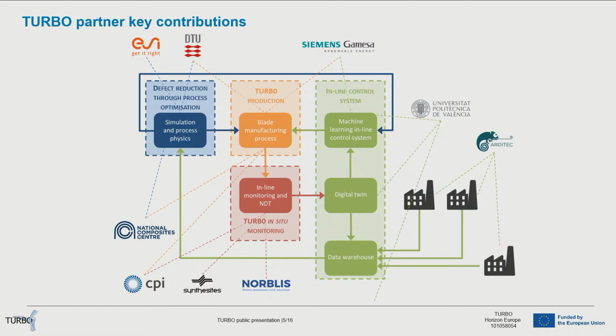CPI is developing wireless resin arrival sensors and temperature sensors. We are providing our sensors and the online TG technology, and Norbliss are more involved in the mid-infrared inspection of the blades after production. And then we have University of Valencia, who are developing the machine learning tools, and Arditech, who is in charge of the life cycle analysis.